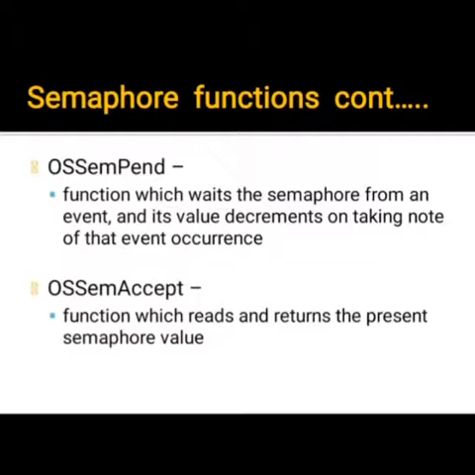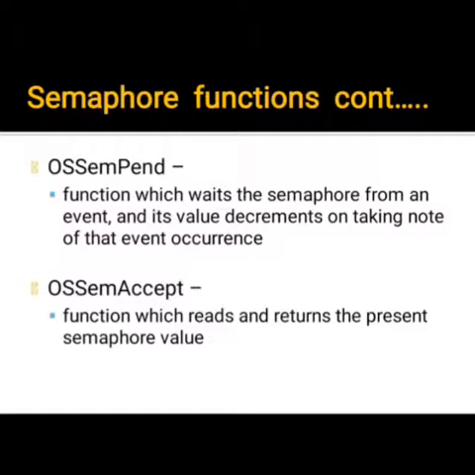Now the next one is semaphore pend. This function is used by the task for acquiring a semaphore. The availability of the semaphore is signified if the count associated with the semaphore is greater than 0.